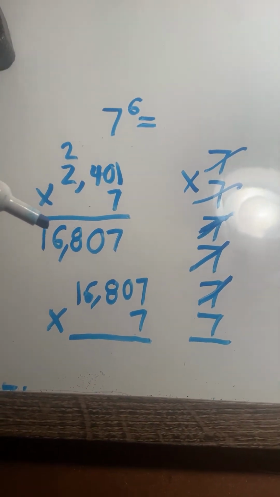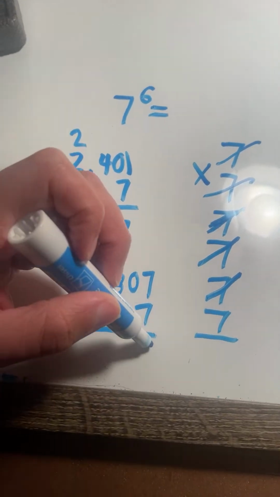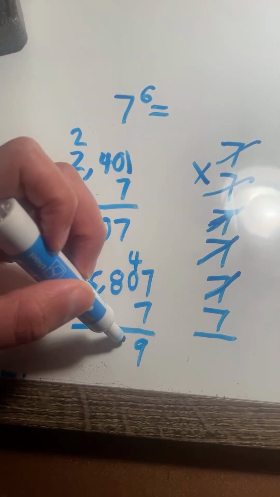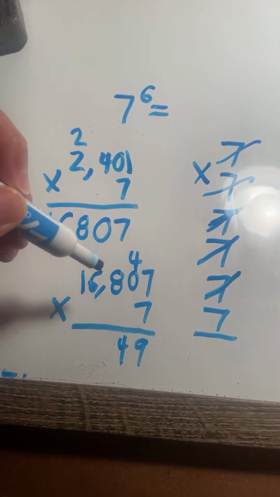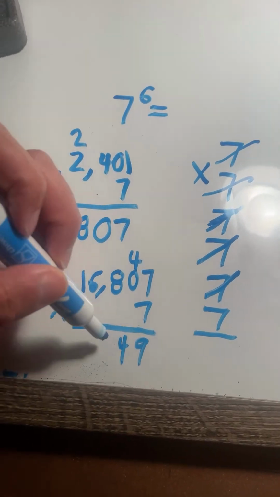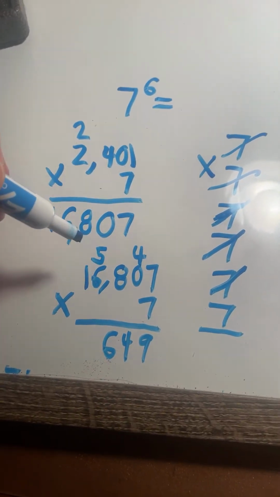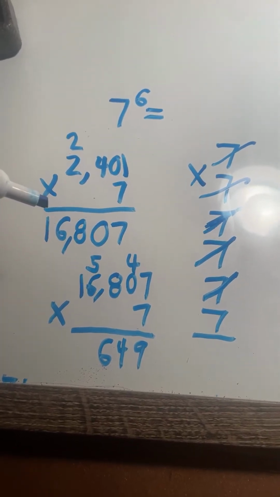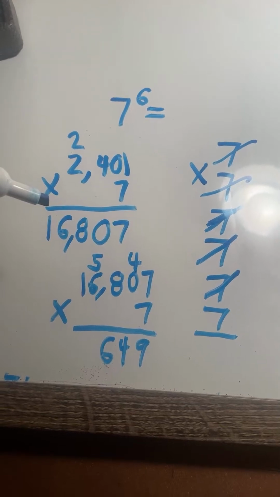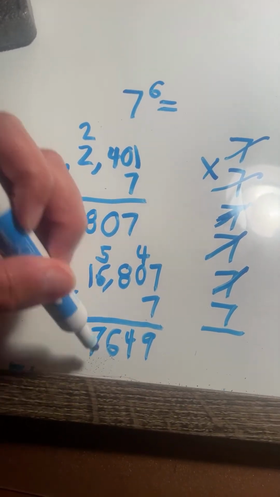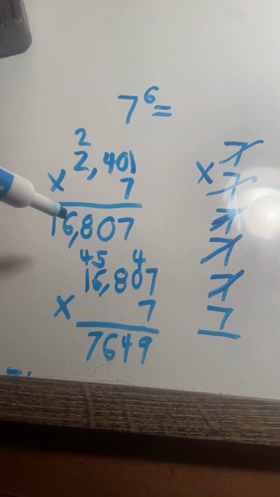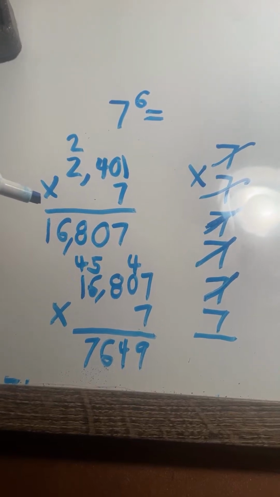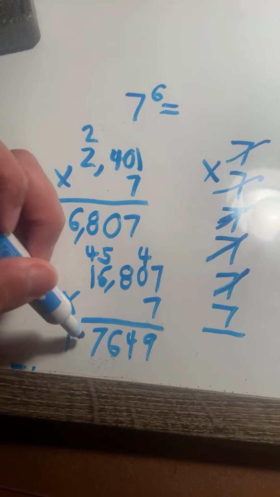16,807 times 7. So 7 times 7 equals 49. 9 carry the 4. 0 times 7 equals 0, plus 4 equals 4. 8 times 7 equals 56. 6 carry the 5. 6 times 7 equals 42, plus 5 equals 47. 7 carry the 4. 1 times 7 equals 7, plus 4 equals 11.